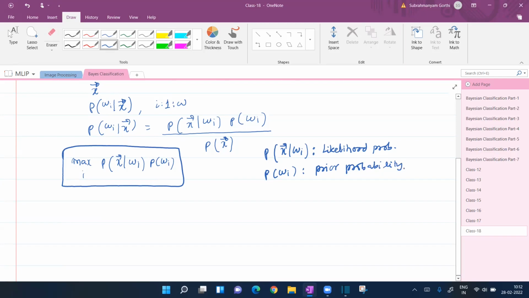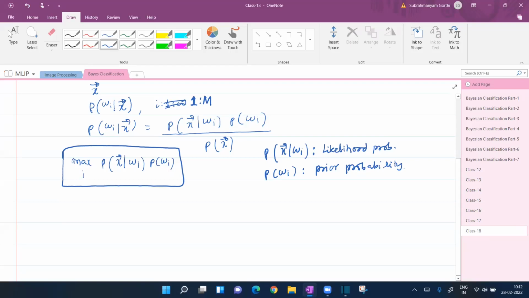Now, the likelihood probability will tell you, if I know that a given feature vector belongs to a class omega I, what is the probability? Here I should write I from 1 to m, because omega 1, omega 2, up to omega m.